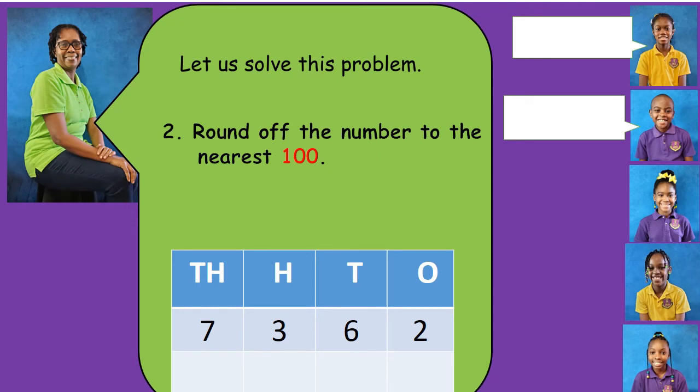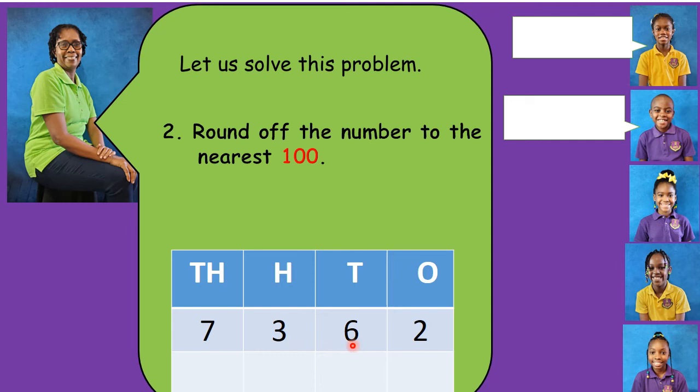Now, problem number 2, we are rounding off this number to the nearest 100 as well. 7,362. What's the first thing we are supposed to do? Identify the place. So we're identifying our hundreds place. Then we are going to look to the right.